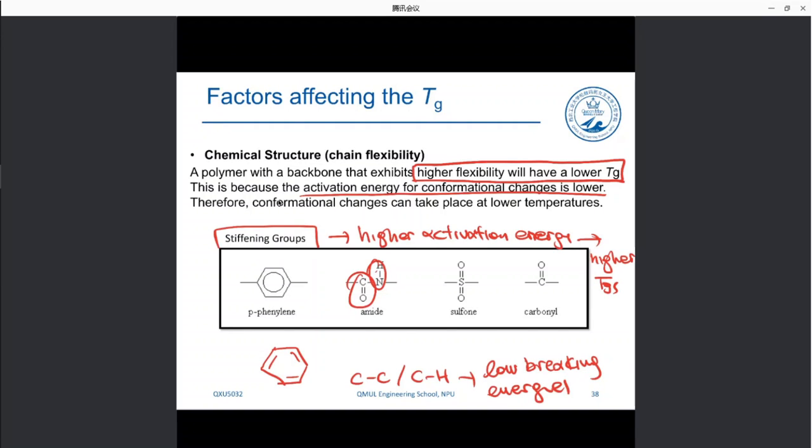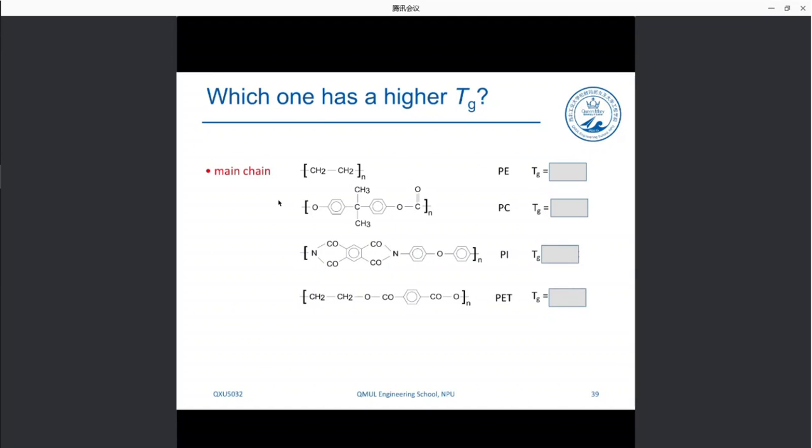Sulfone, carbonyl, amide or phenyl bonds have much higher activation energies. So if these are present in a macromolecular chain, that leads to an increase of the glass transition temperature.